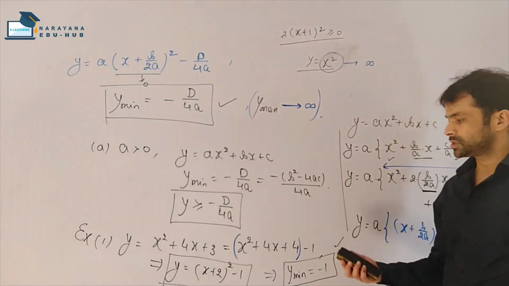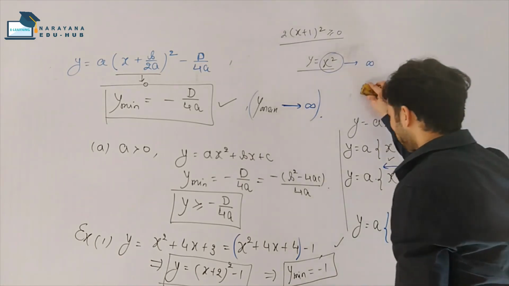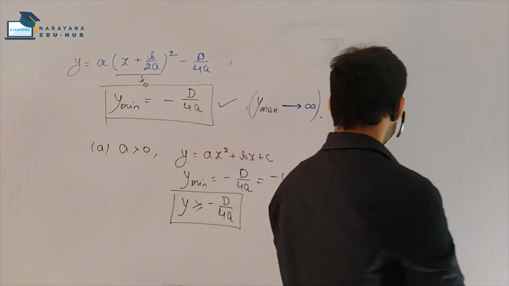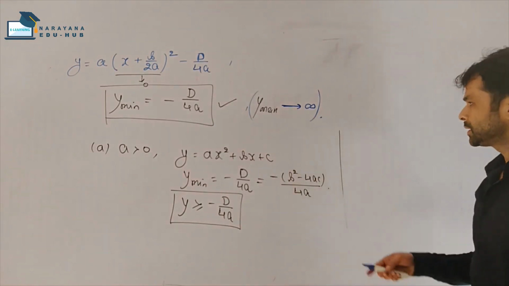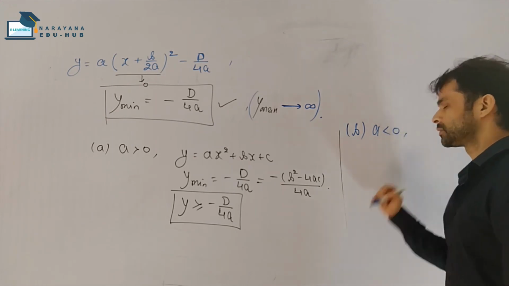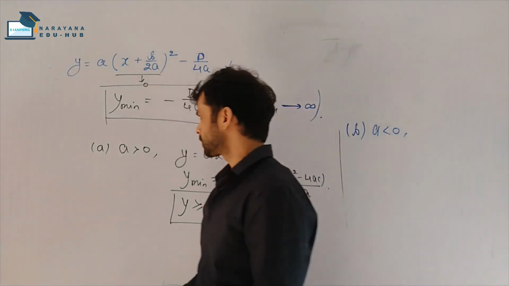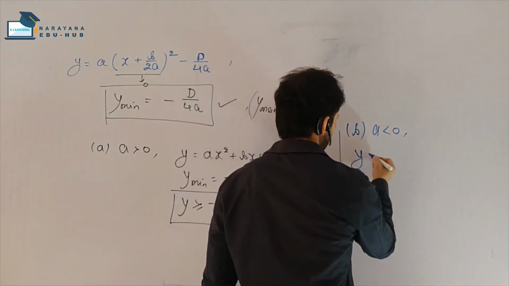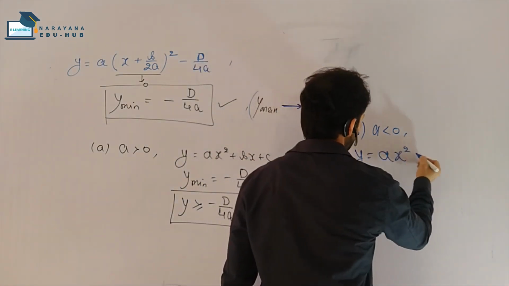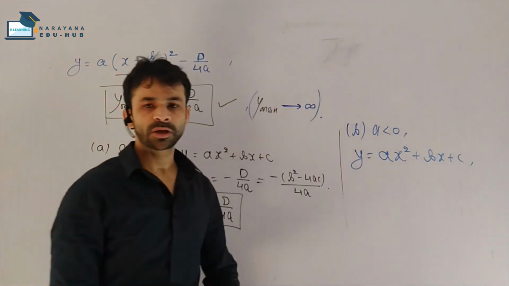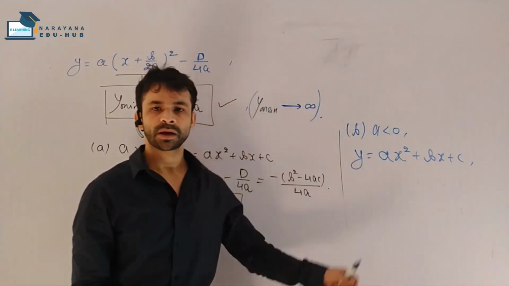Now come to the second case. In the second case the only difference is negative. This is the only difference, and the rest is the same. You have the same quadratic, ax square plus bx plus c. So again we will be using the square completion method.